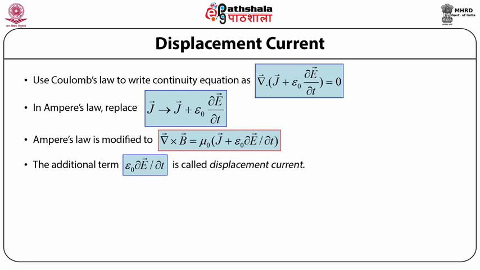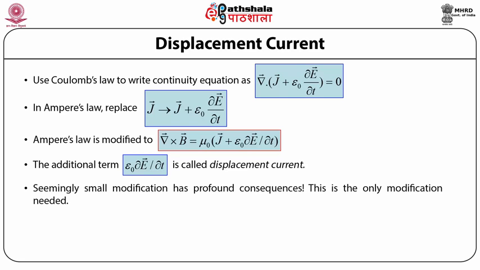Though this may appear to be a small modification, the fact is that it has very profound consequences. And these consequences, as we move through this course, we will see for ourselves.